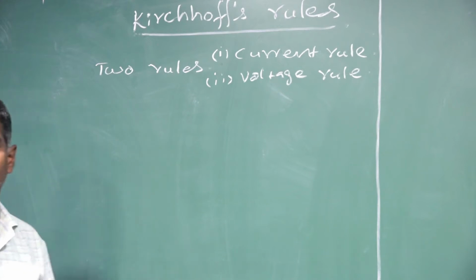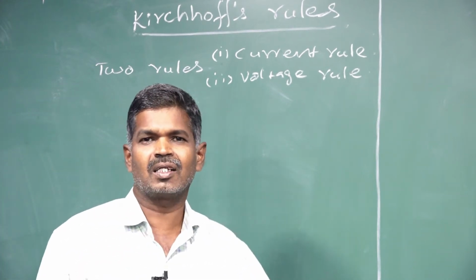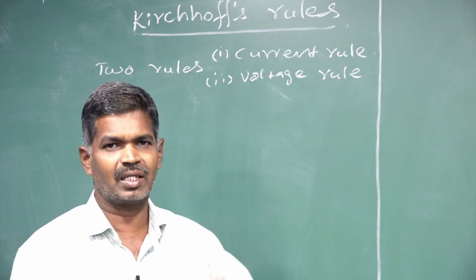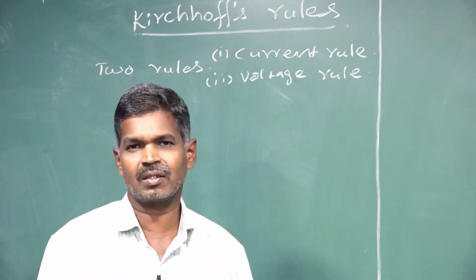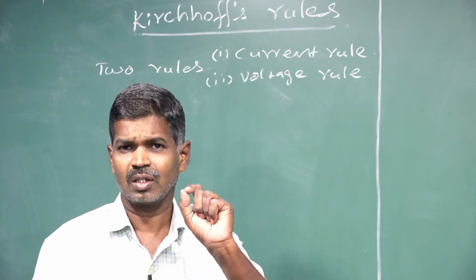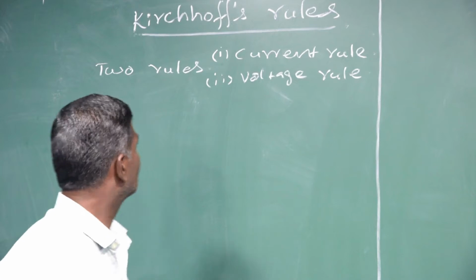These two rules are used to find current and voltage in very complex circuits. There we have certain definitions as well as basic rules to use each rule, which we are going to see.